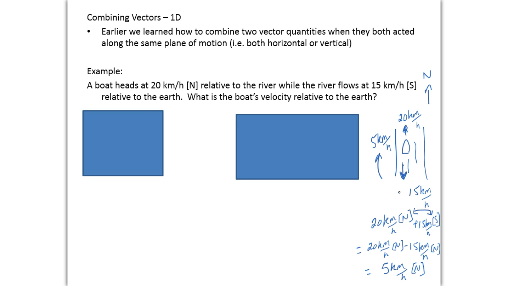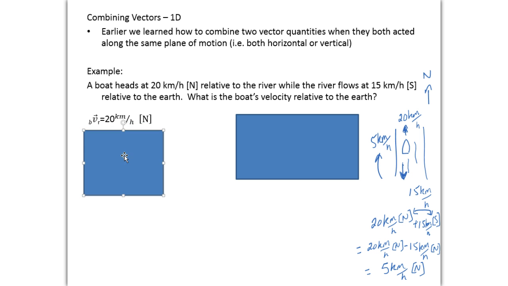Now, if we want to use the notation we looked at earlier in the week, I'll just move this out of the way. You write down what you're given. The velocity of the boat with respect to the river is 20 kilometers per hour north. The velocity of the river with respect to the Earth: the river's moving 15 kilometers per hour south, or I'd already changed that here to negative 15 kilometers per hour north.